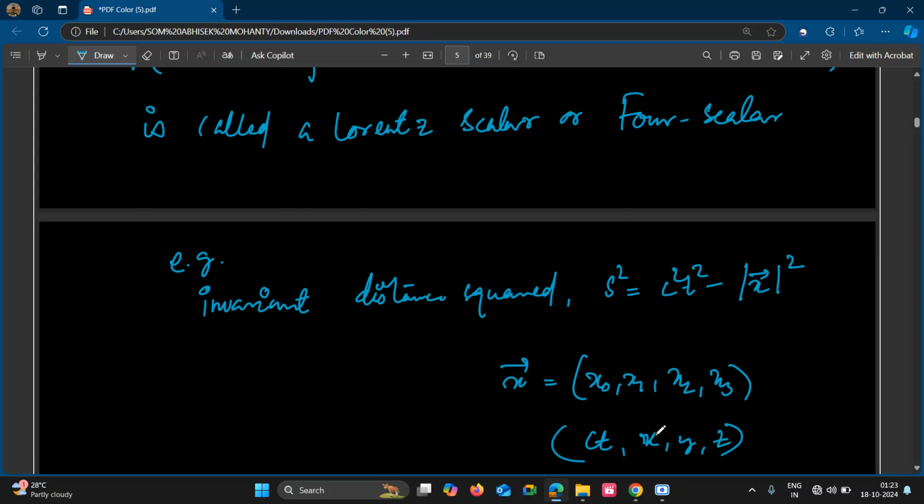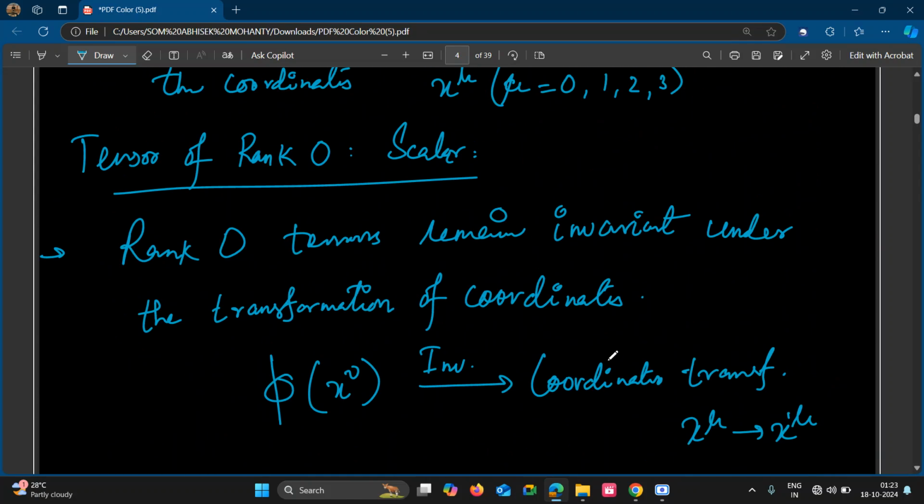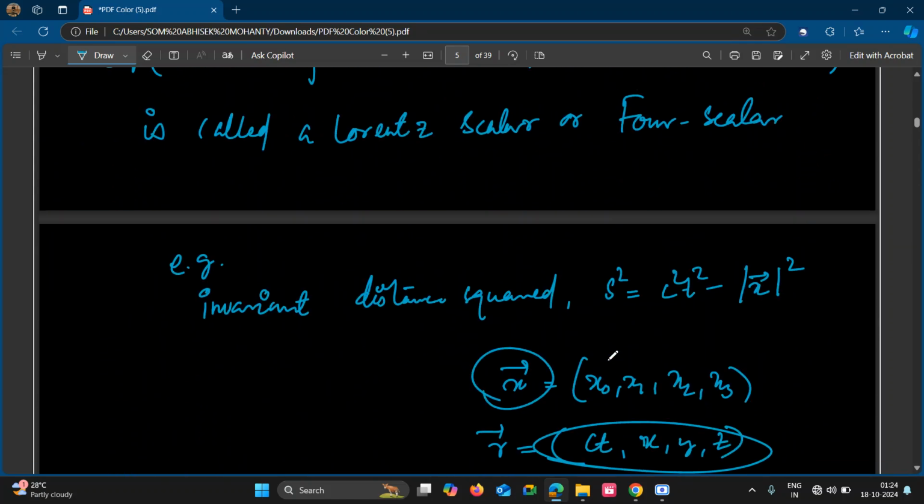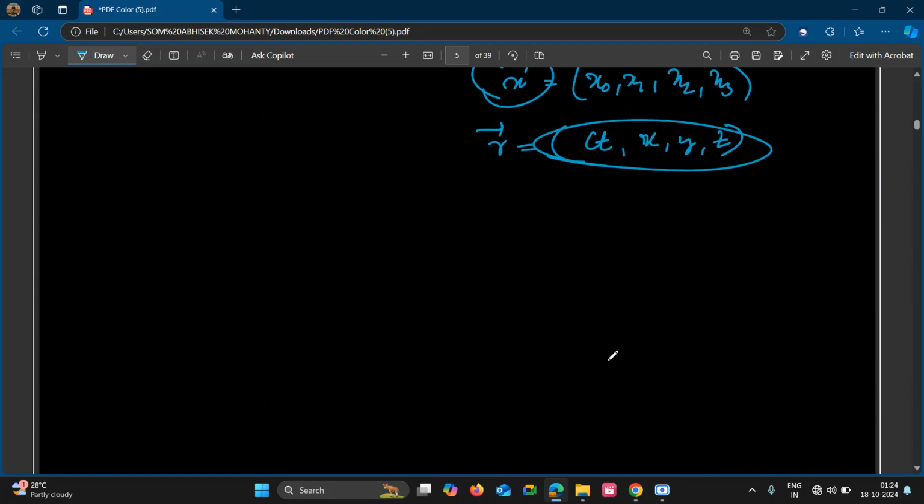In tensor notation we write x0, x1, x2, x3, and in normal notation we write it as r vector. In tensor it's just x vector. No need to worry about these notations. It's the same thing represented in a different way. So this is your rank 0 scalar.